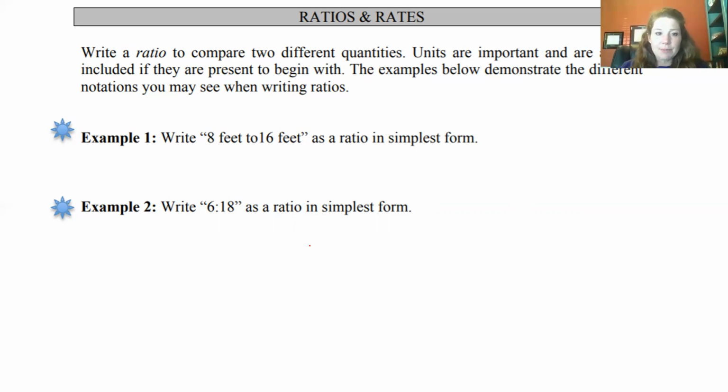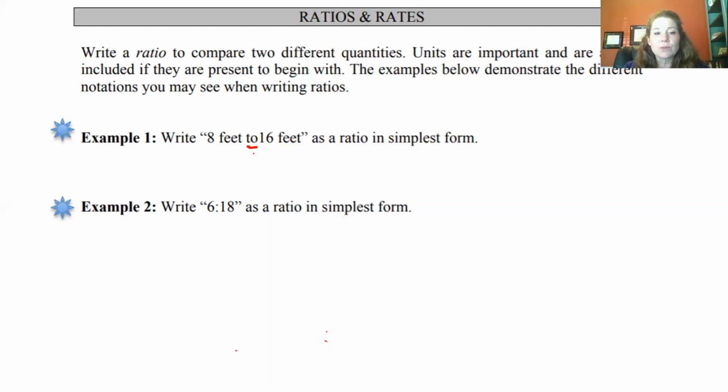In the first example, it says write 8 feet to 16 feet as a ratio in simplest form. So one way to represent ratios is the word to, which is what they're using here. Another way to show ratios is with a colon, like example 2, write 6 to 18 as a ratio in simplest form.